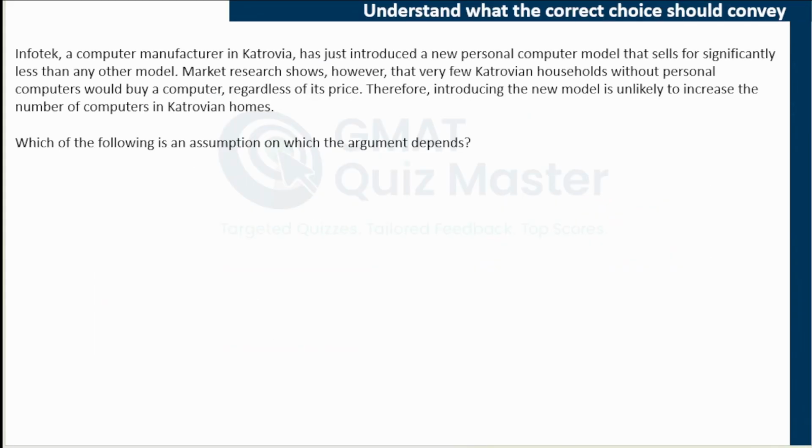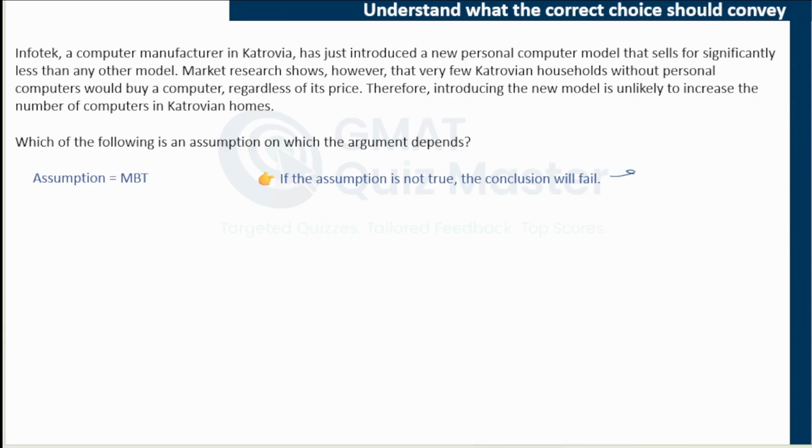So, what should a correct answer choice for an assumption question convey? You all know that an assumption must be true, which means that if the assumption is not true, the conclusion will fail. So, what is the assumption doing? The assumption is preventing the conclusion from breaking. That is what we can understand from the must-be-true characteristic of assumption.